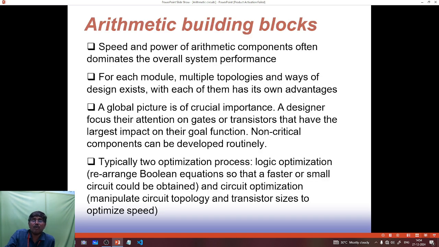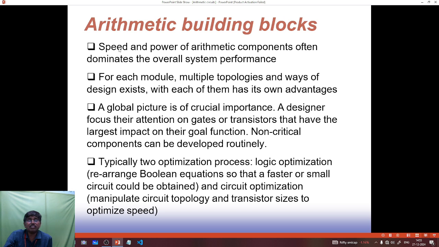In an arithmetic building block, the speed and power of arithmetic components often dominate the overall system performance. That is why we consider speed and power. Speed is the main factor when analyzing the arithmetic building block: the operation should be very fast, so that when you give input, the processing time is reduced.